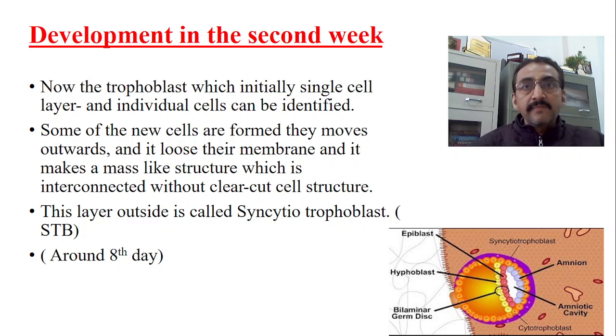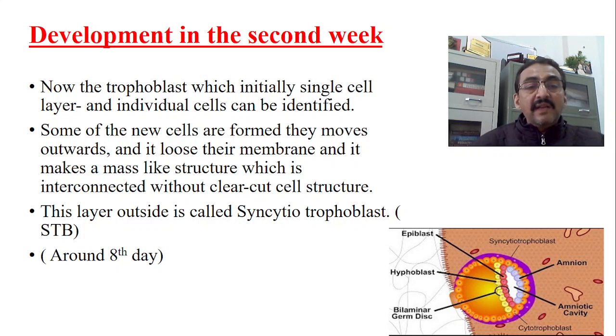They lose their membranes and make a mass-like structure, interconnected without any clear-cut cell structure. The trophoblast starts producing more and more cells, interconnected with each other without any membranes.